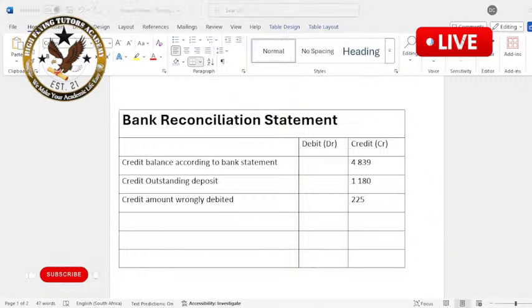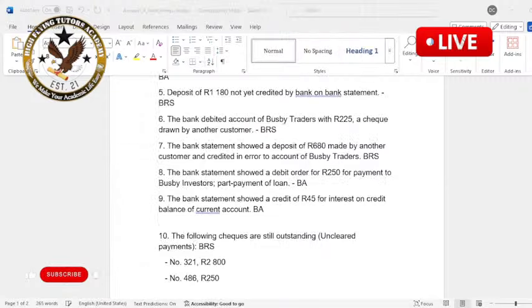So the next question says the bank statement showed a deposit of 680 made by another customer. So this one is the vice versa of transaction number 6, where the bank credited us instead of another customer or instead of another business.